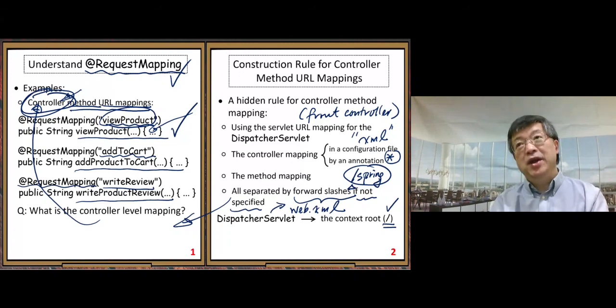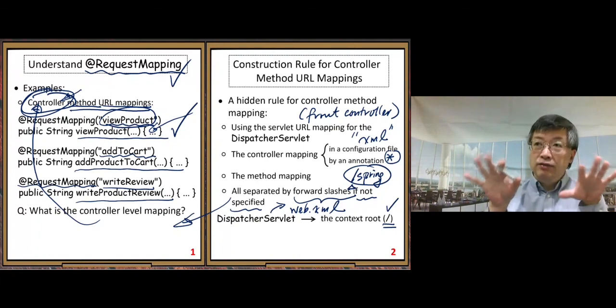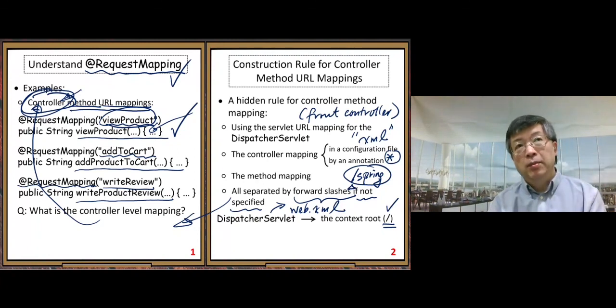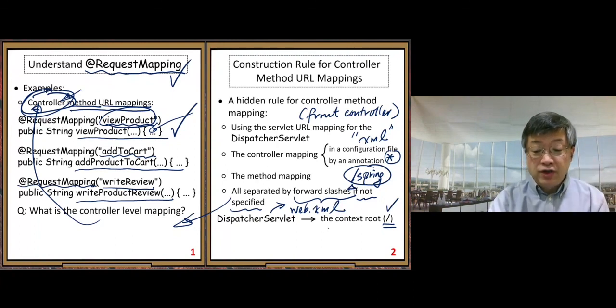Another possibility: we also use the Spring MVC framework only, no Struts, in our Java server. But think about it, we have two web applications, not just one, two. Then for your dispatcher servlet, do you want to map web1, for example, for your first web application?